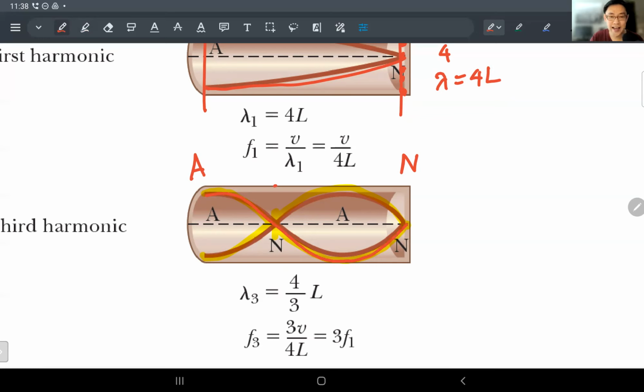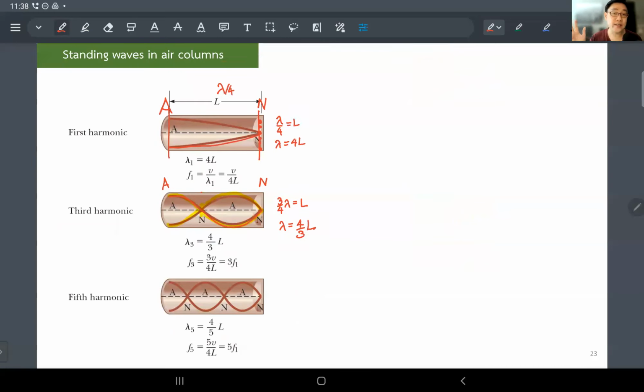So what you have over here is 3/4 of the wavelength is exactly the length of the tube. So lambda is 4/3 L. On and on. See? So the way that you can analyze this is quite simple, but understanding the underlying processes, I think that's more crucial about this topic right here.